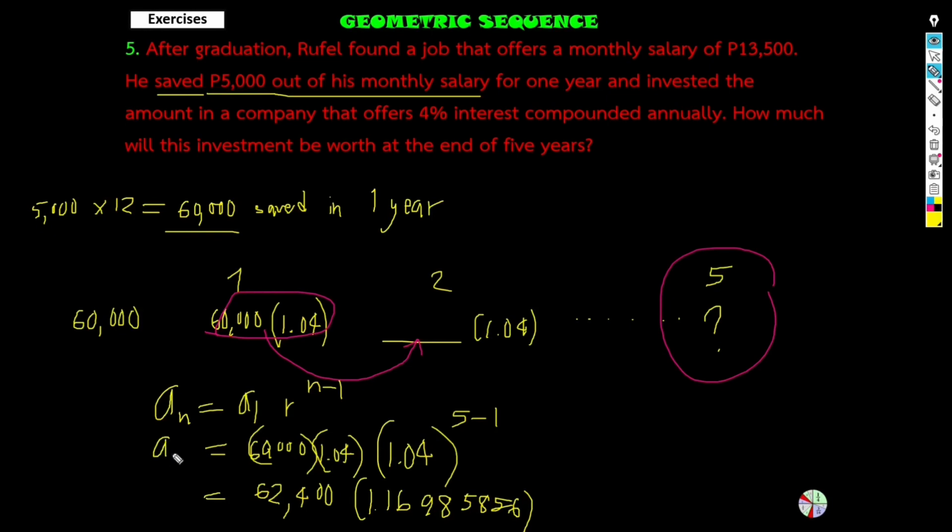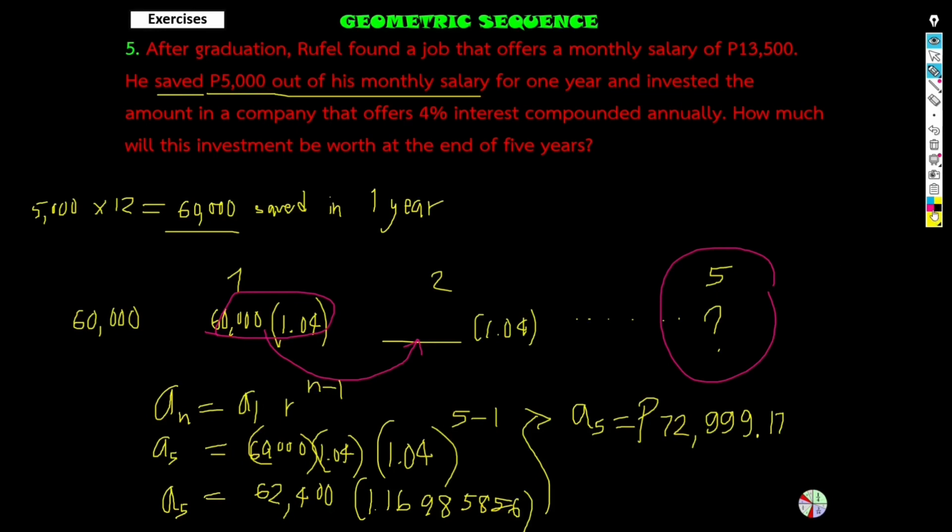So the final answer will be a sub 5, which is equals to 62,400 multiplied by that number. That is just equals to, in pesos, 72,999 and 17 centavos.